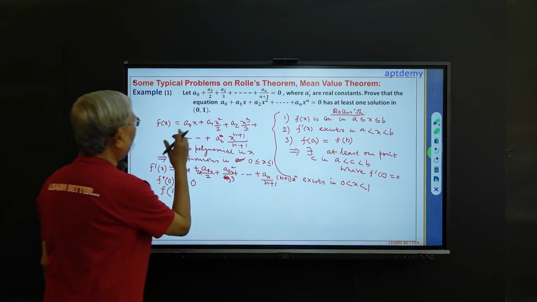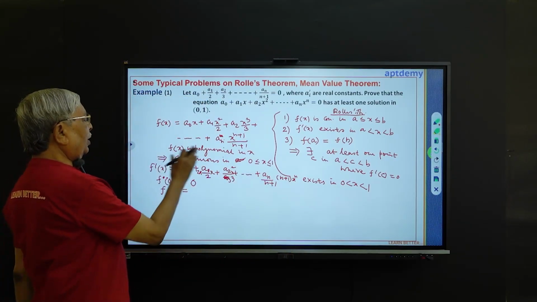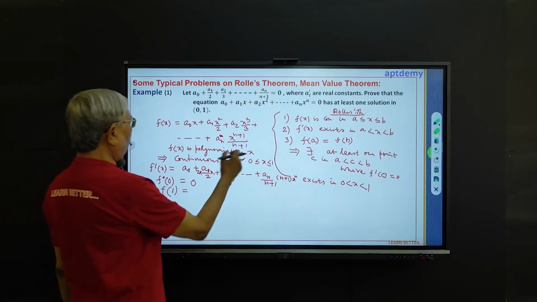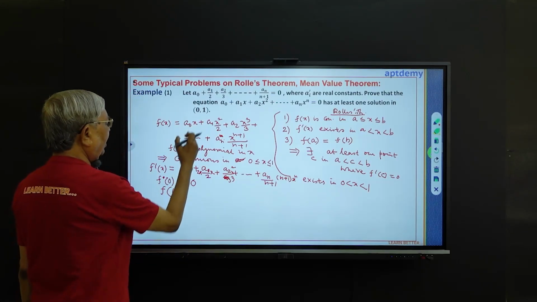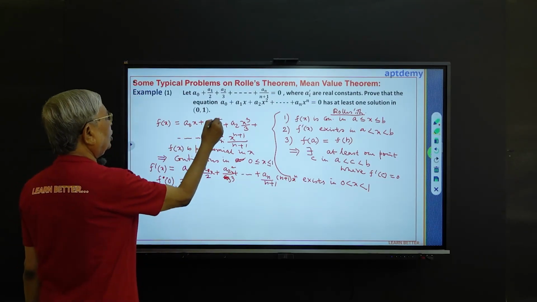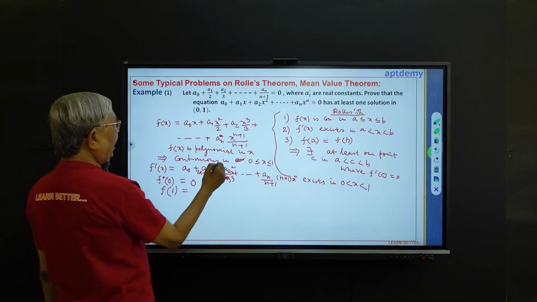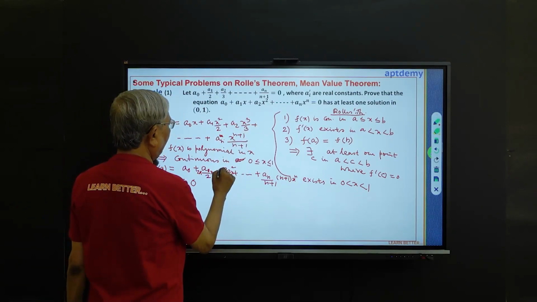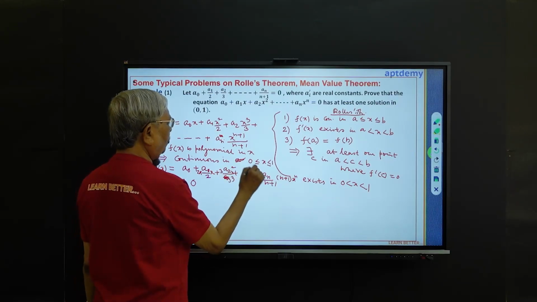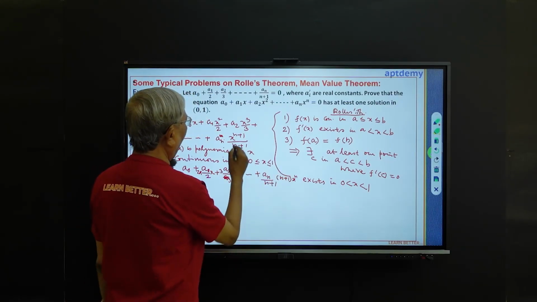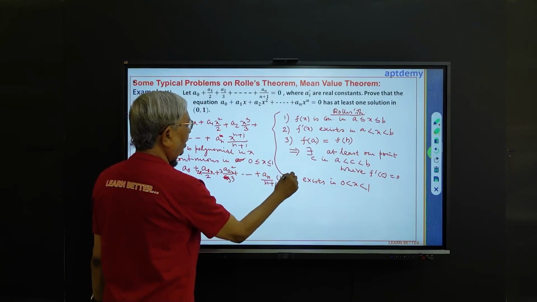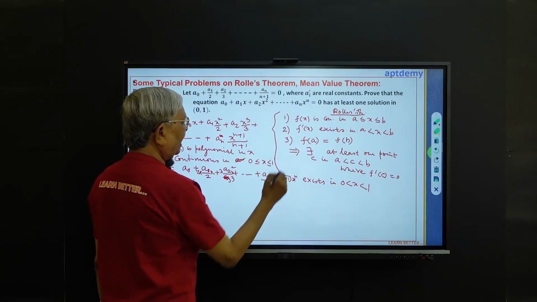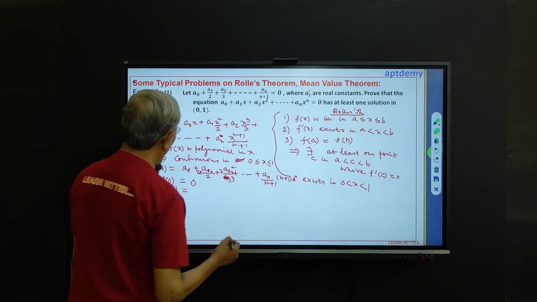First we have taken a polynomial, which is continuous in the closed interval, and then its derivative a0 plus a1x plus a2x squared, and so on up to an x to the power n, exists in the open interval.